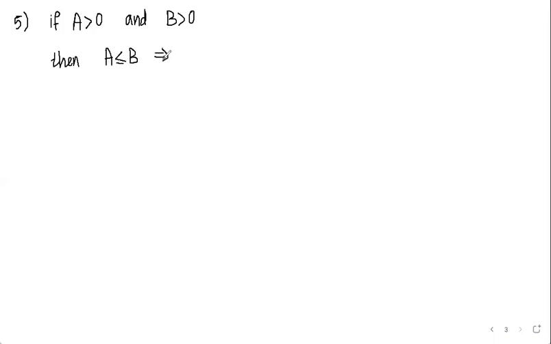When we take the inverse of the inequality, we have to change the sign from less than or equal to greater than or equal. This is equivalent to 1 over A greater than or equal to 1 over B. So here I take the reciprocal of the first one, change the sign, and take the reciprocal of the second one. So this is equivalent to this inequality.